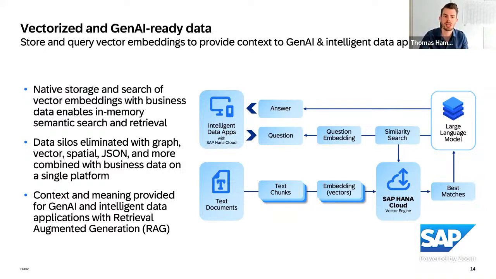So the vector engine itself gives you the possibility to infuse additional context, as I was saying. The way we do that is via a very efficient search on top of data, and that is the so-called similarity search. You can see it illustrated here in the picture. And that similarity search helps us to semantically and efficiently search on larger data sets and gives you the possibility to filter and to recognize specific queries and specific data sets that you want to hand over to a large language model.